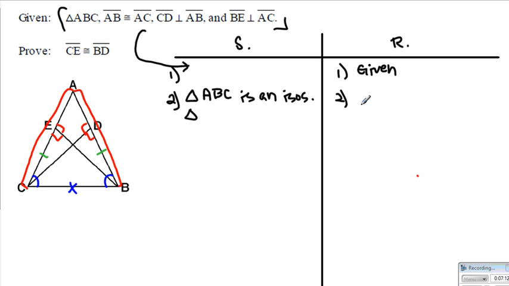Now, why? Because of the definition of an isosceles triangle, meaning when two sides in a triangle are congruent, the triangle is isosceles.